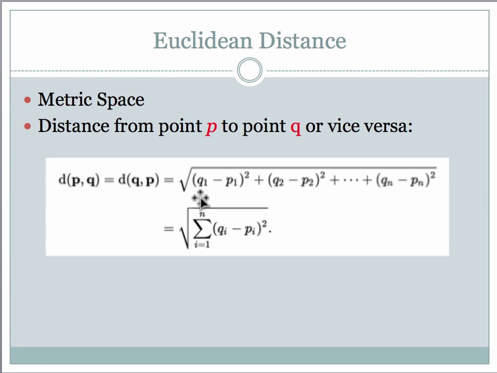Q1 would be the first dimension of point Q, for example the x point of Q, and P1 would be the x point of point P. This would be the second dimension of Q, second dimension of P, and so on and so forth. N would be the number of dimensions or attributes or columns in our table, or the number of classifiers that we might have, the number of words that are important to us in our specific examples. And this is how we would measure the Euclidean distance.